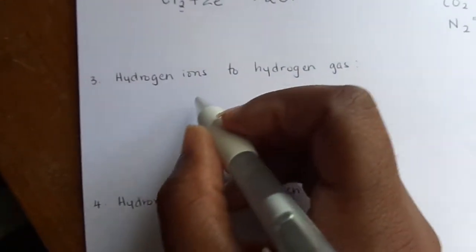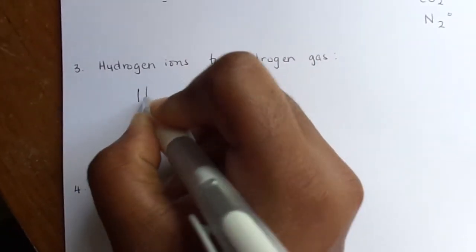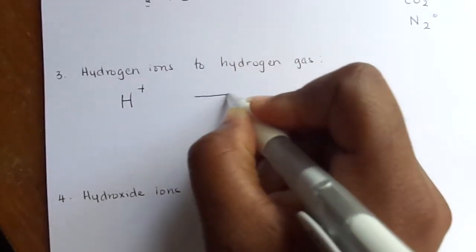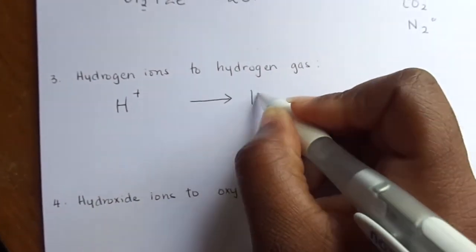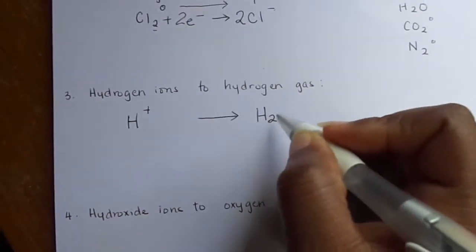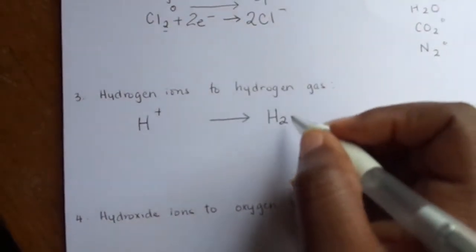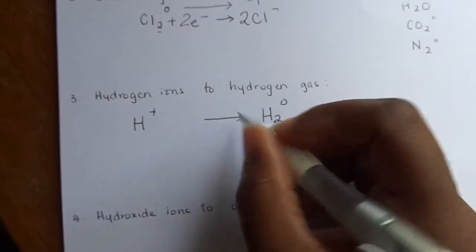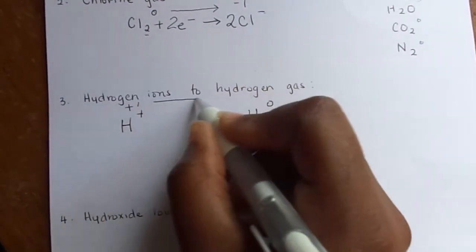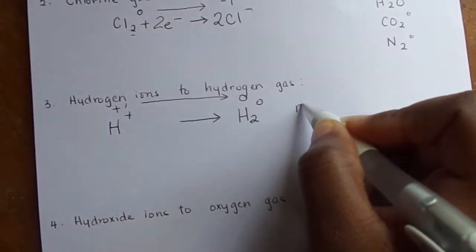Now we're going from hydrogen ions to hydrogen gas. Hydrogen ions are in group 1 most of the time, and we're going to gas. Hydrogen exists as a diatomic molecule in its natural state, so it has 0. So we're going from a plus 1 state to a 0 state, meaning that reduction has occurred.